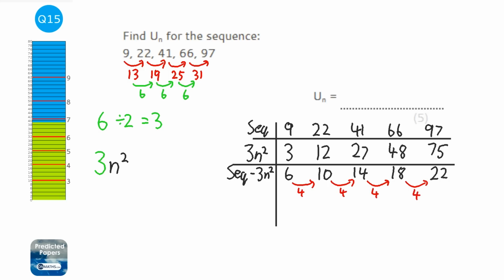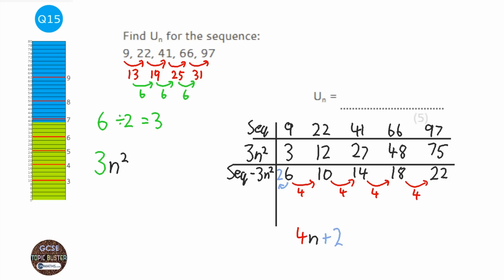And we find the nth term of this linear sequence. So we're going to have 4n, and then we're going to work out what the 0th one is. I've not left myself very much room, and that's going to be 2. So our 0th term is going to be 2, so we know it's going to be 4n plus 2.